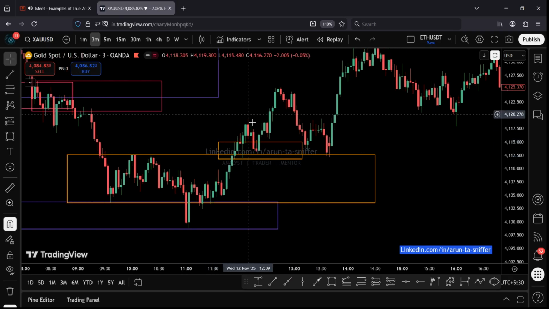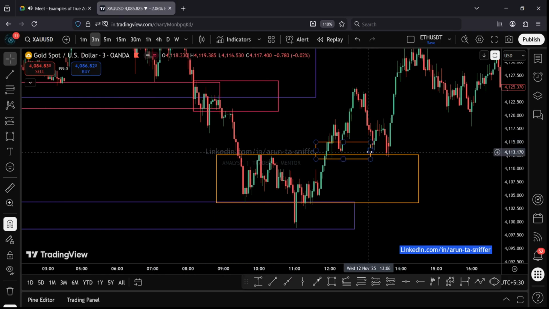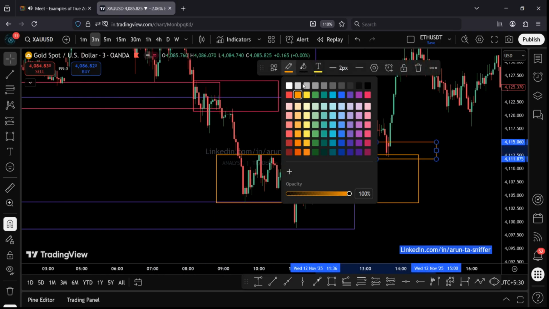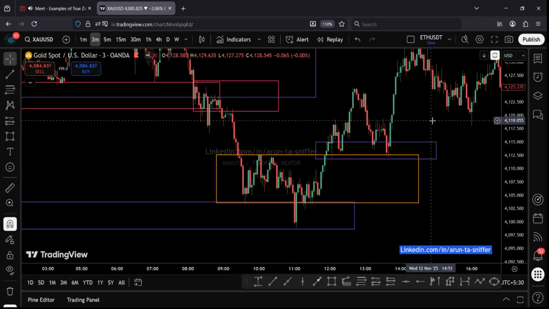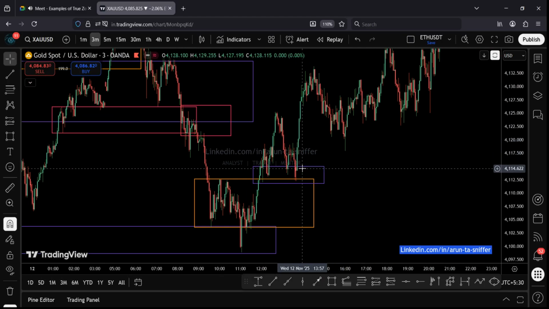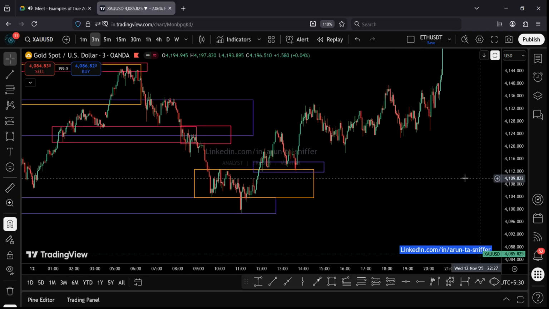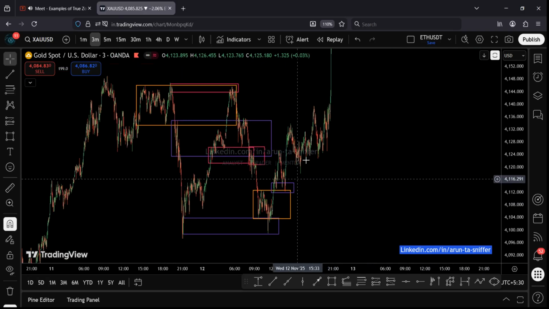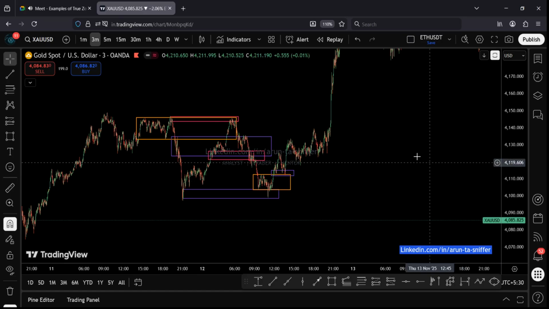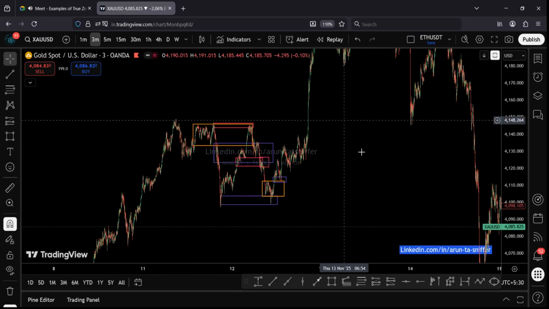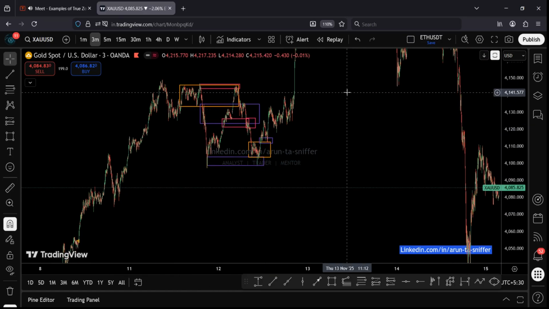Price came back to this RS, this one is RSFL, this will work as RSFL and price goes up again like this and goes back very quickly here, right? Why? The direction was upside.